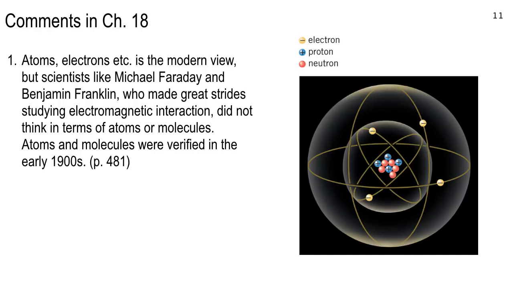The whole idea of positive and negative charge, that's Benjamin Franklin. He's the one that made the decision what's positive and what's negative, and we still go by his. So that's why electrons are considered negative. He didn't know about electrons, but he knew that there were two different kinds, and he called one positive and one negative. Michael Faraday discovered electromagnetic induction and a whole lot of other stuff.